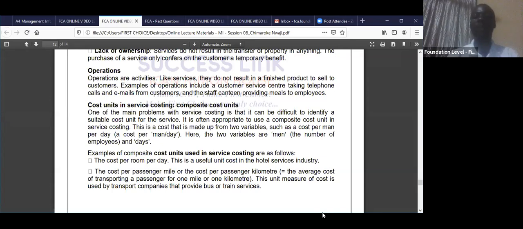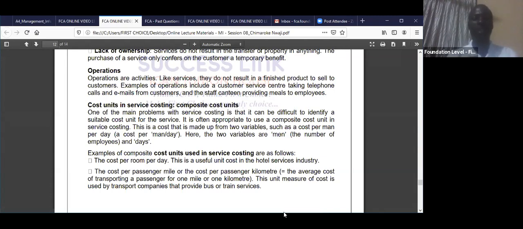So you see, it is not easy to give you how much a service will cost because it has to be tailored to your own need. It has to be tailored. So yes, it is the same service, but there may be some variations, and those variations are what will make them different. So a composite cost is a cost that is made up of two variables, such as a cost per man per day. That's an example.